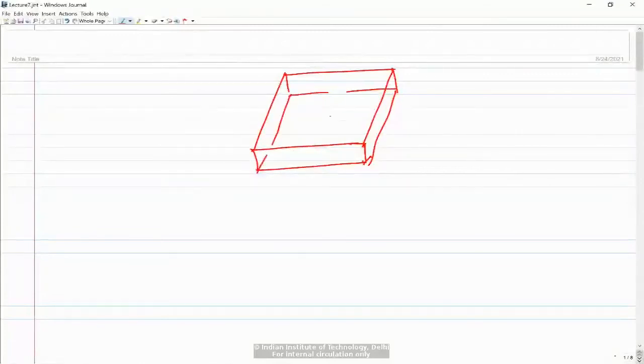Suppose these are the coordinate directions. So this is x, this is y, and this is z.